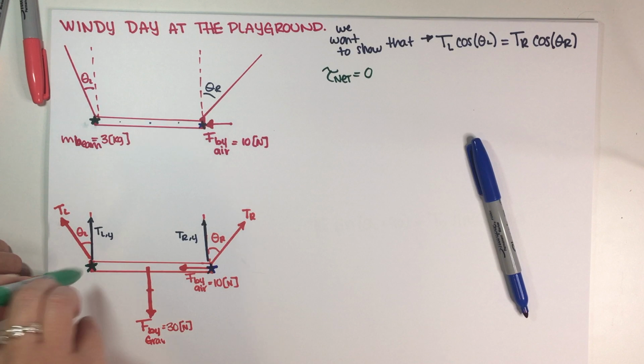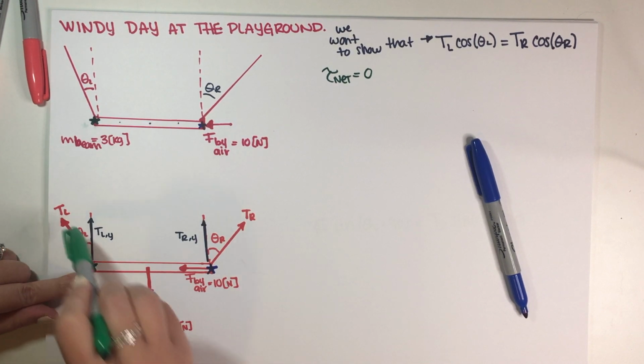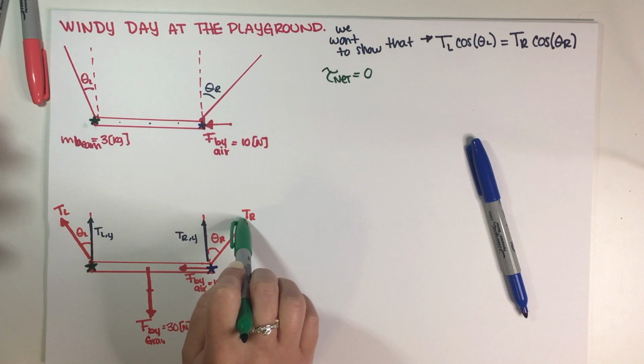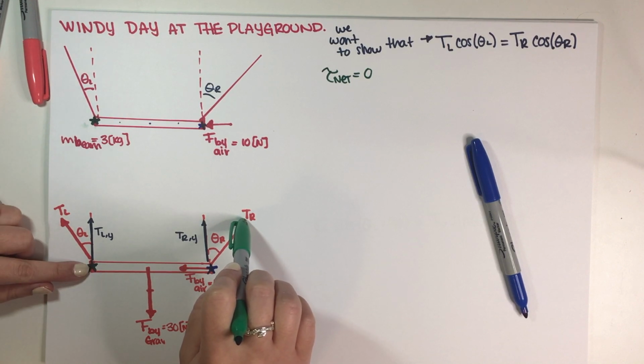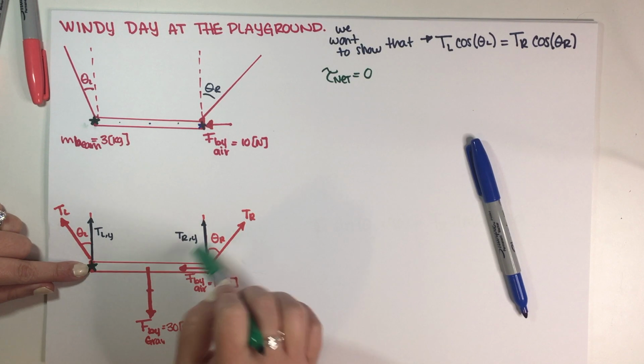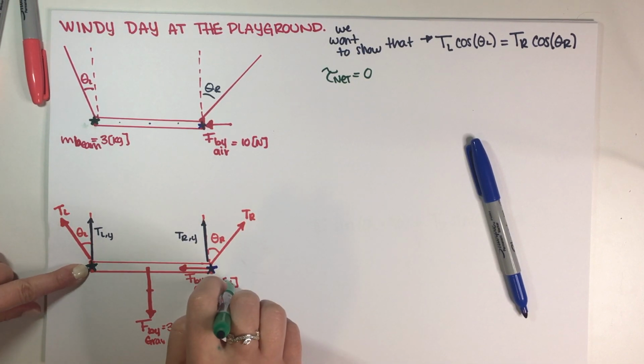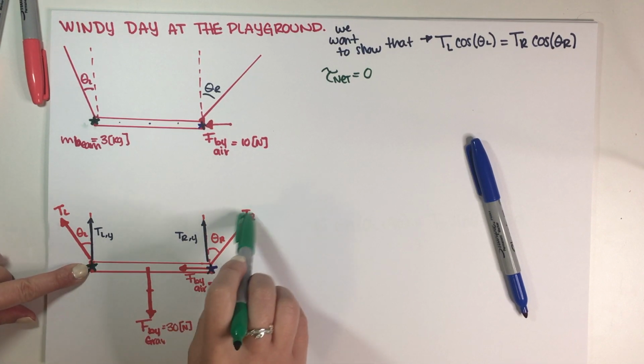And if I use this star as my pivot point, out of these 4 forces, 1, 2, 3, 4, how many of these forces are generating a torque? Well, only these 2 forces are generating a torque.